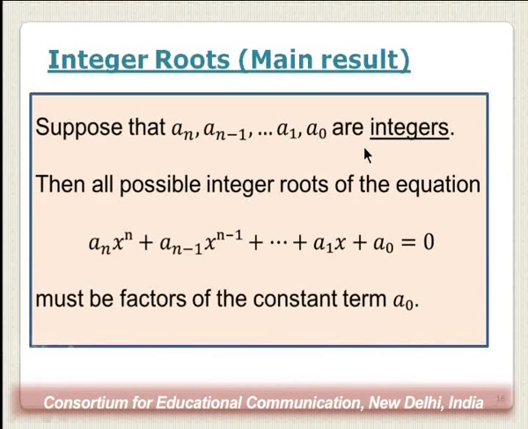Please note that all these constants have to be integers. Then all possible integer roots of the equation a sub n x to the power n plus a sub n minus 1 x to the power n minus 1 and so on till a1x plus a0 equal to 0 must be factors of the constant term a0. This is the logic that we have used in our procedure for calculating integer roots.